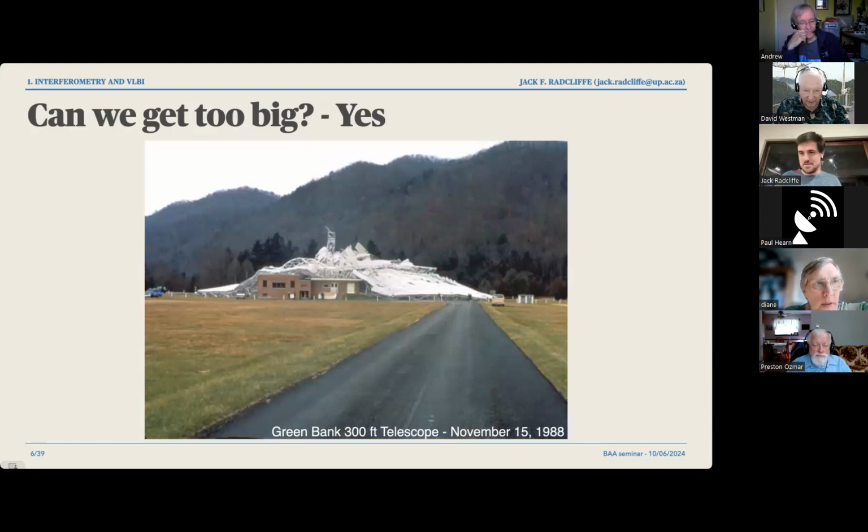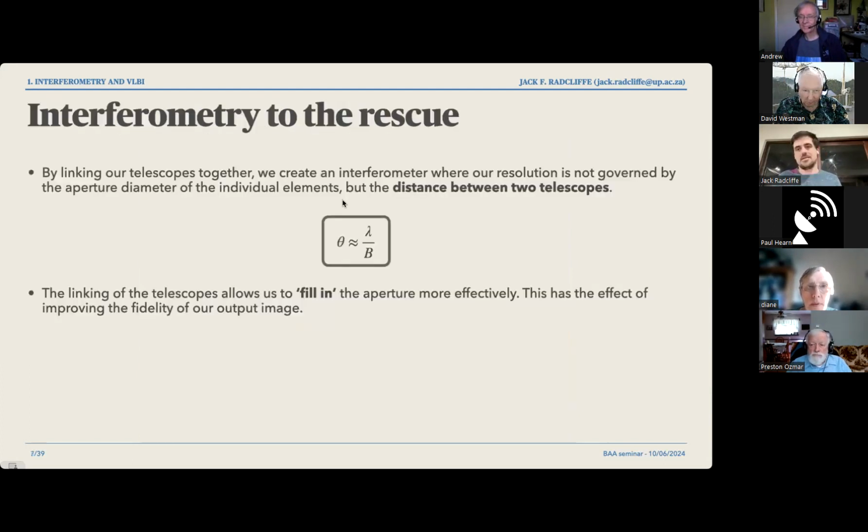And of course, this necessitated the need for us to use interferometers, where we can instead replace that D parameter, the size of your dish, with the distance between the two telescopes, and we interfere the signals together, such that you now are not limited by the size of the telescope or the engineering to make that huge telescope, but the distance between the two.